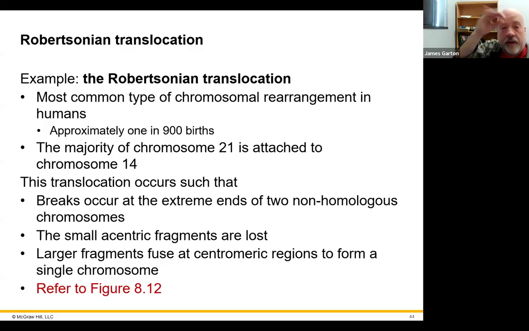Now, there is actually a translocation that has been given a name, and it's fairly common, 1 in 900 births. What has happened in this translocation is that a bunch of chromosome 21 is attached to chromosome 14.